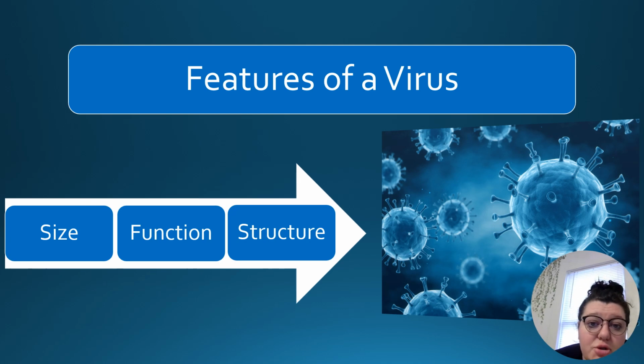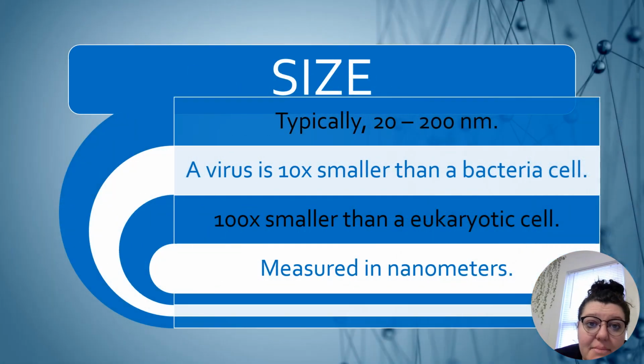So we'll start off with the features of a virus. We'll go over its size, its function, and its structure. When it comes to the size of a virus, they're measured in nanometers, and they're typically anywhere from 20 to 200 nanometers.